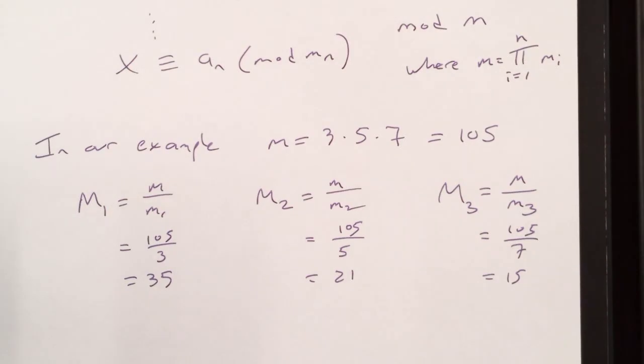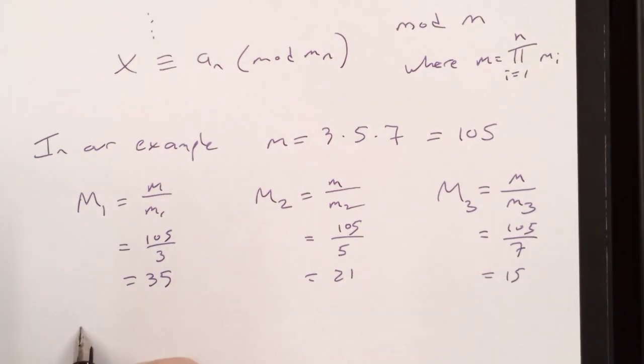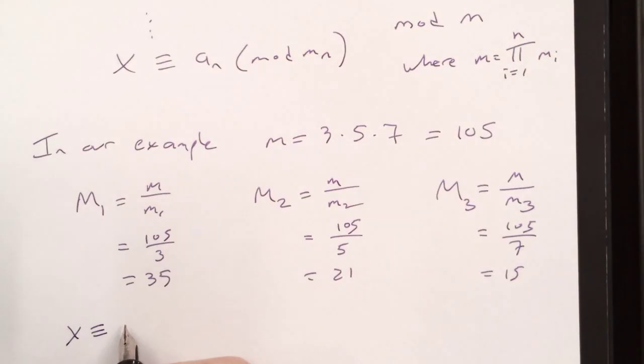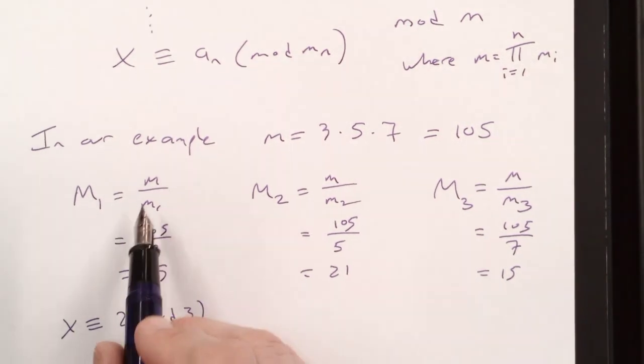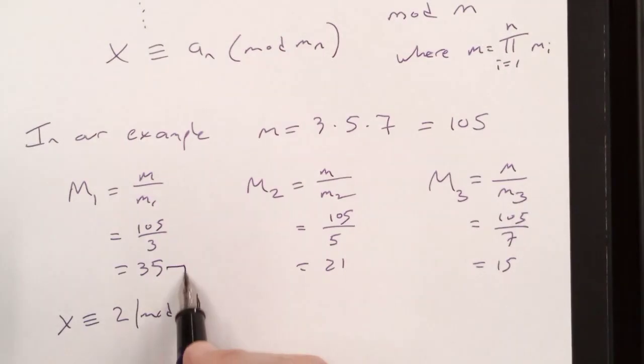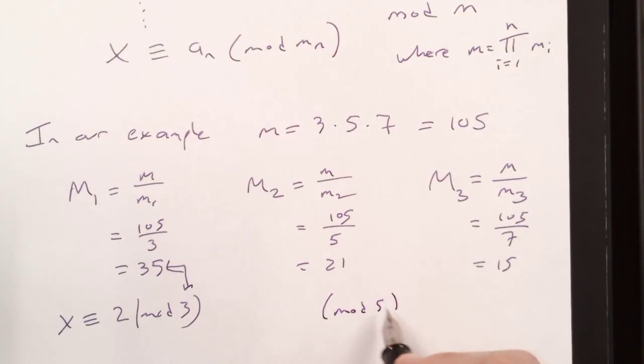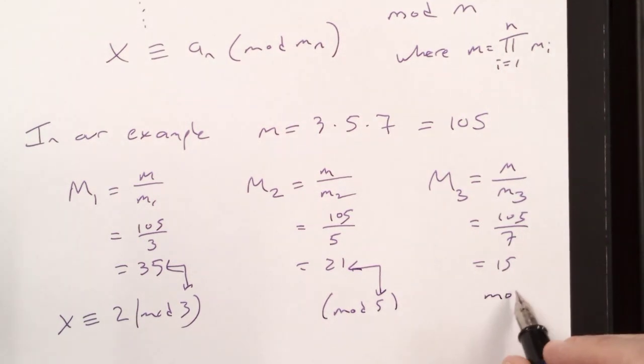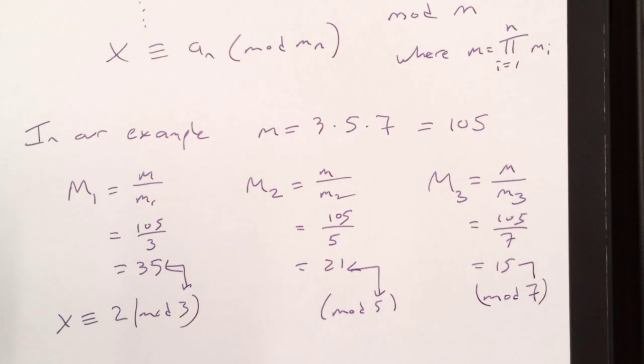Now, here's the interesting part. Remember, I was looking at x is congruent to 2 mod 3, right? So this first equation with A1 and M1, wait a minute, 35 and 3, those are relatively prime. The second equation was mod 5. Those are relatively prime. The third equation was mod 7, and those are relatively prime.